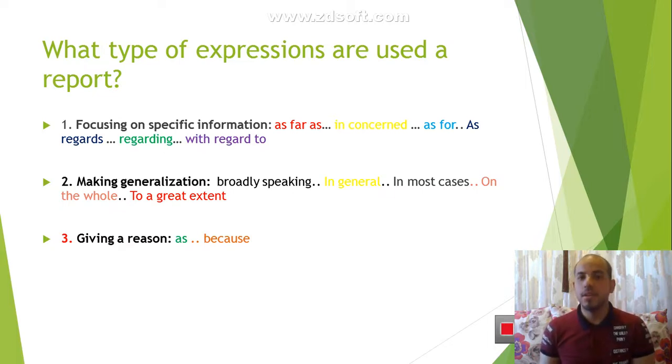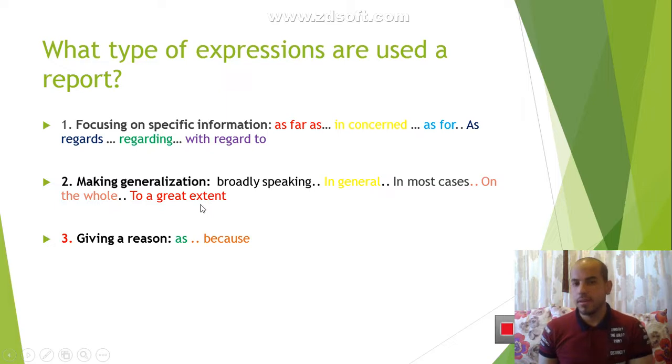For example, you can use as far as, in concerned, as for, as regards, regarding, last but not least, with regard to. Also, some expressions are used to make generalizations.